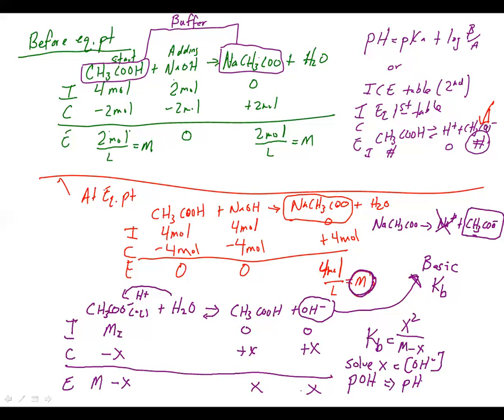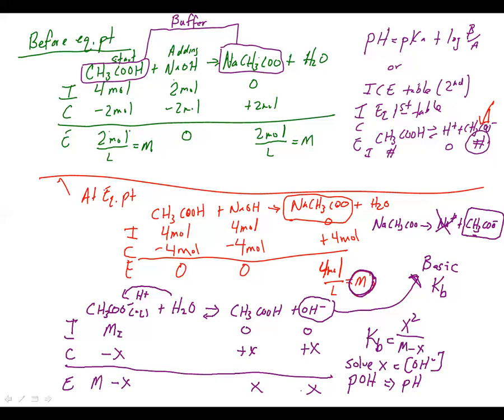And it should always end up basic when you take a weak acid and a strong base, because at the equivalence point, you will always generate a basic salt that will generate hydroxide.